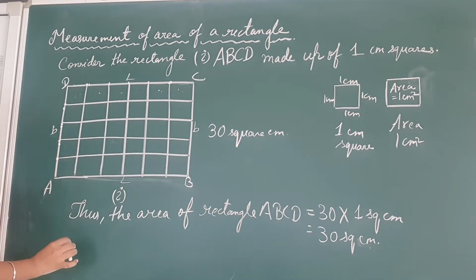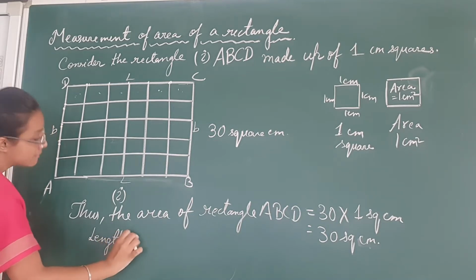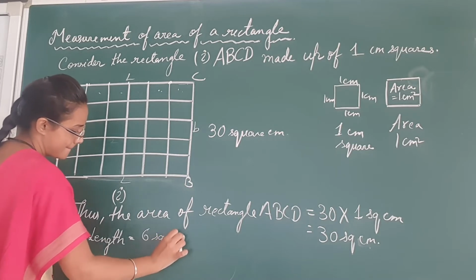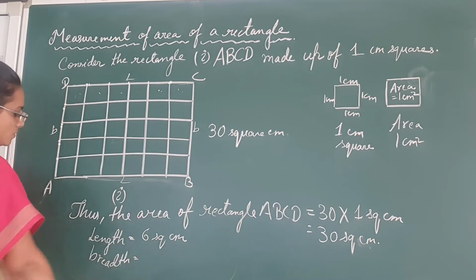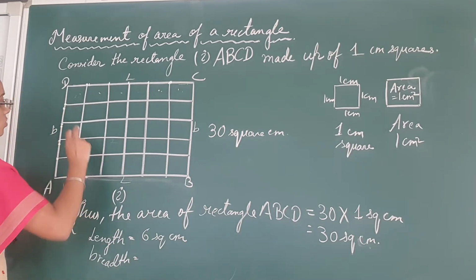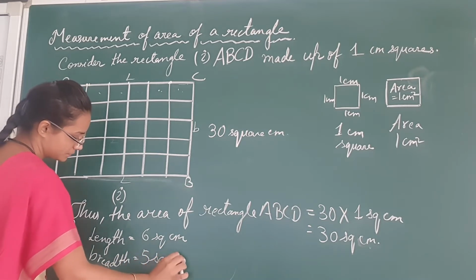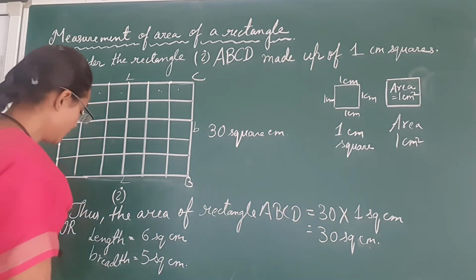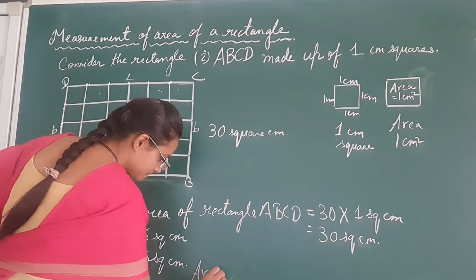So along the length it is 6 square centimeters, and on the breadth it is 5 square centimeters. So you can do it directly also. How can you find the area of the rectangle?